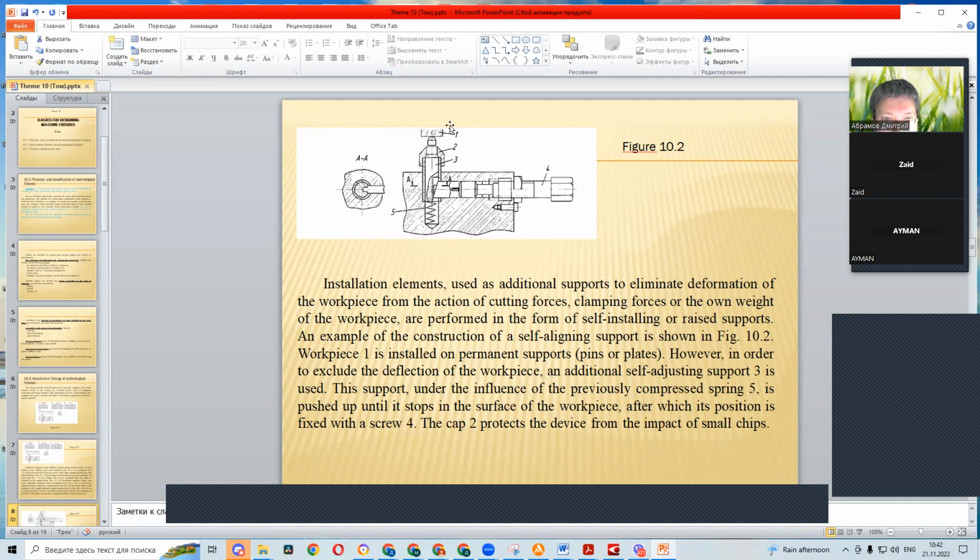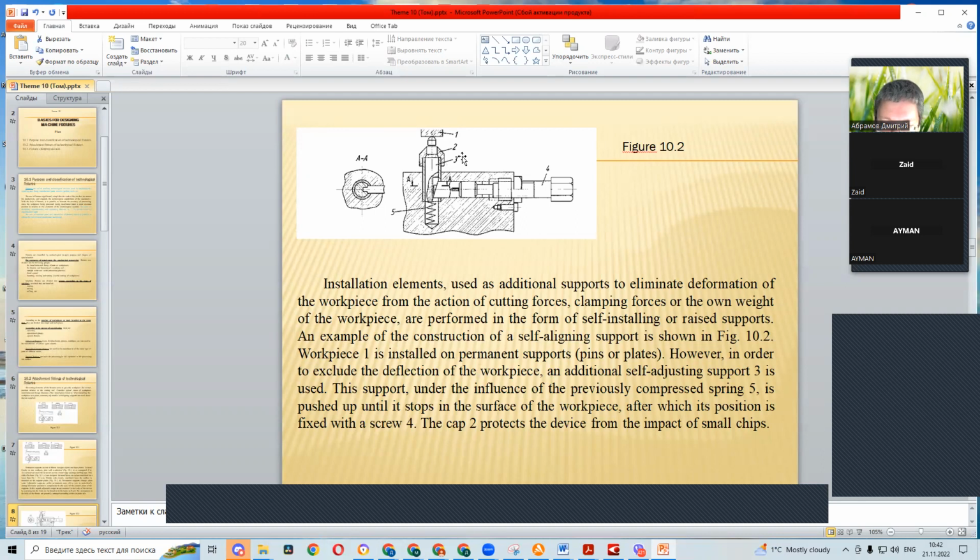Workpiece 1 is installed on permanent supports, pins or plates. However, in order to exclude the deflection of the workpiece, an additional self-adjusting support 3 is used.